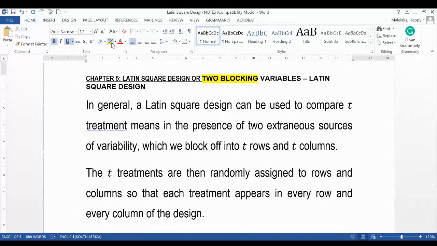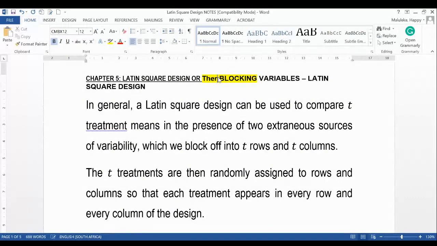Can you see it, guys? For randomized block design, you are having one blocking factor. For Latin square design, this one is the general one. There's another one that we will cover after this one, called Graeco Latin square design. That one will have three blocking factors.